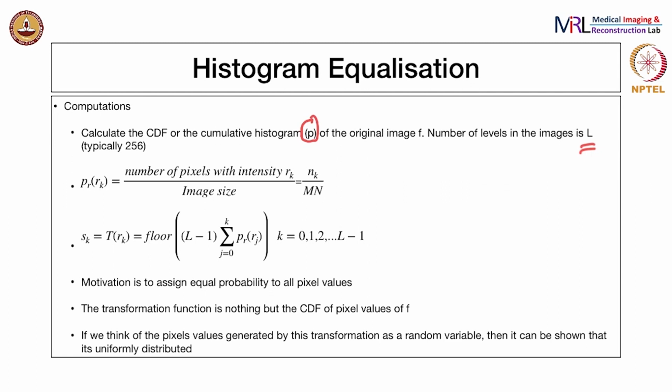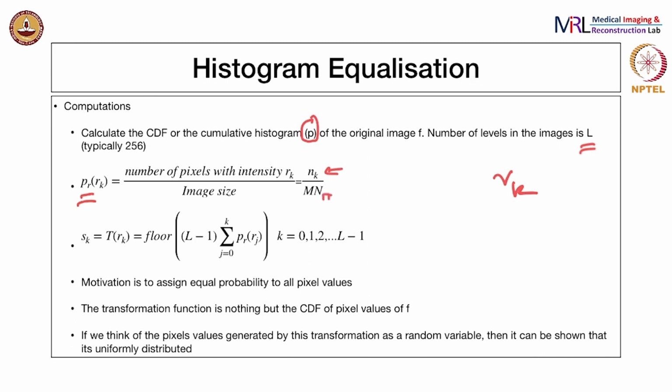We can calculate the probability for a pixel to be at a particular level k, given by rk. The intensity value corresponding to level k is rk, and that probability is nothing but the number of pixels in that level k divided by the total number of pixels.